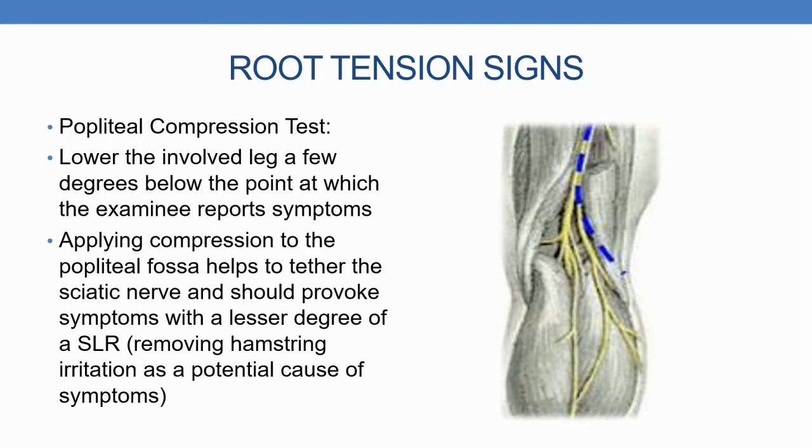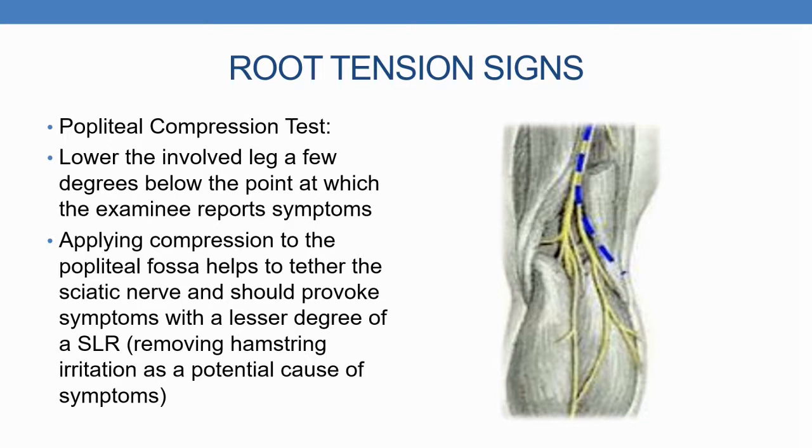So once we've reduced the tension below the point at which the examinee reports symptoms, then we want to perform the compression maneuver to stretch the lumbar spine nerve roots to assess for reproduction of pain. So we apply compression with our thumbs to the popliteal fossa, thereby tractioning the sciatic nerve at its bifurcation.